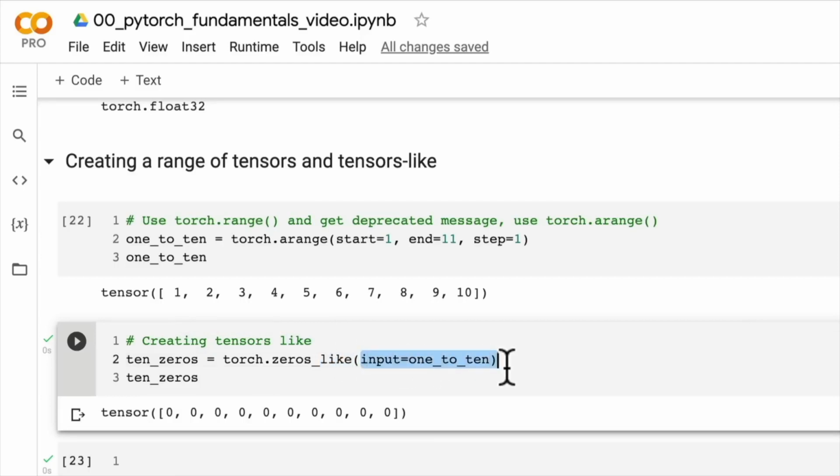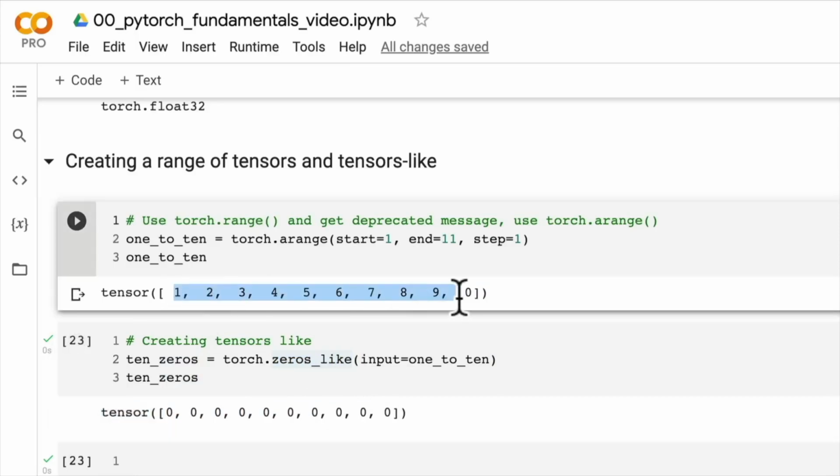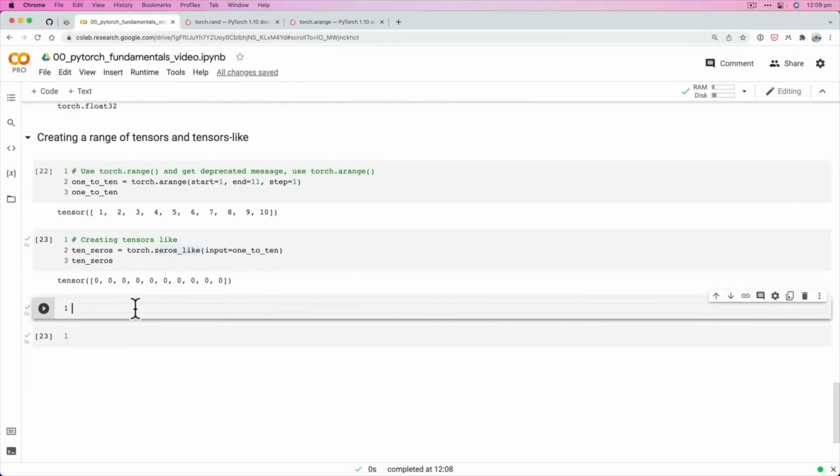And then you put an input, which is another tensor, and then it'll create a similar tensor in the same shape as your input. So with that being said, give that a try, create a range of tensors, and then try to replicate that range shape that you've made with zeros. I'll see you in the next video.